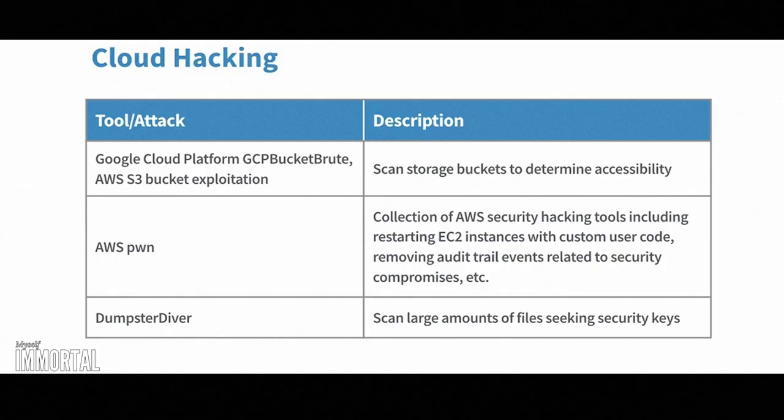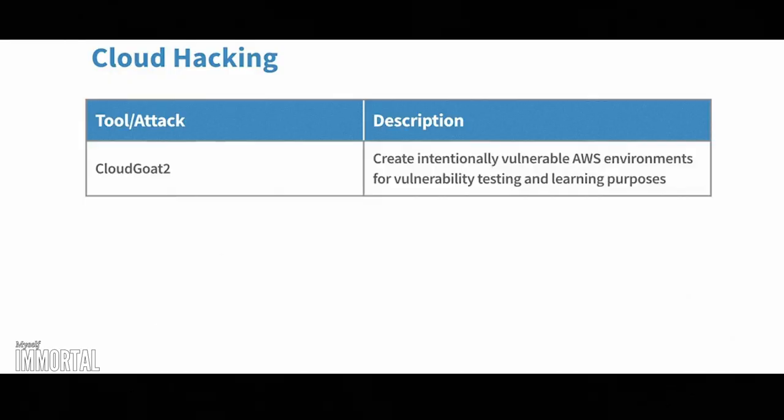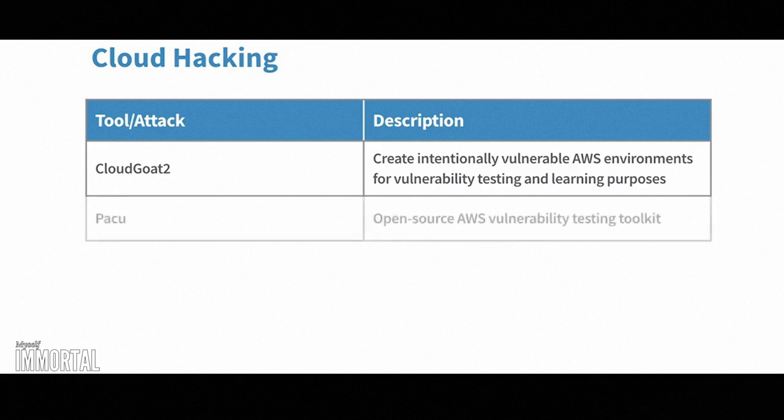Other examples of cloud hacking tools would include CloudGoat 2. This is an intentionally vulnerable AWS environment that's designed for testing purposes, so for security technicians to practice how attackers might use certain techniques to break into cloud-based accounts like AWS accounts and go through the resources. Then there's Pacu, which is another AWS vulnerability scanning or testing toolkit.